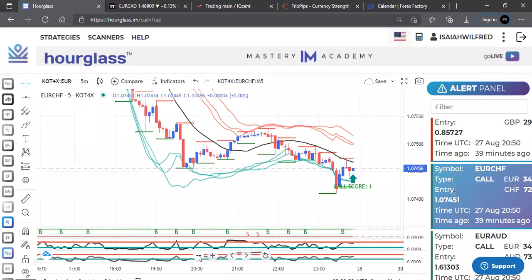Now, look at this. Look at all these wavy lines we have. Let me use my drawing tool so that you guys are able to see it. See all these green wavy lines like this?